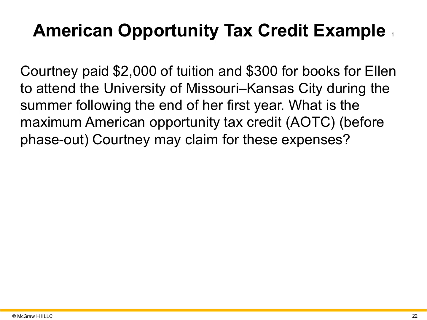For our American Opportunity Tax Credit example, there are going to be 2 parts to this problem. For the first part, Courtney paid $2,000 of tuition and $300 for books for Ellen to attend the University of Missouri, Kansas City during the summer following the end of her first year.